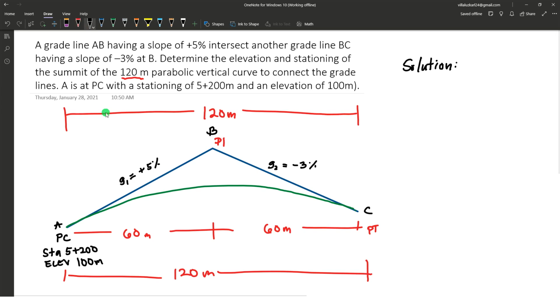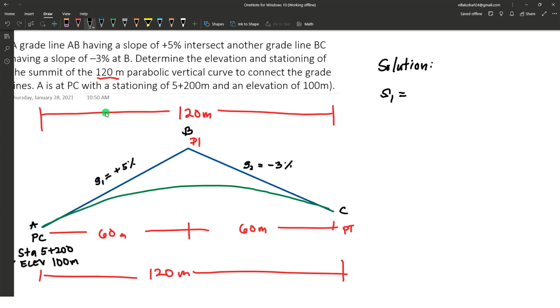Okay, so for the solution, since we have the stationing and elevation given at PC, we determine the stationing first by computing S1, or the distance from the PC to the highest point.